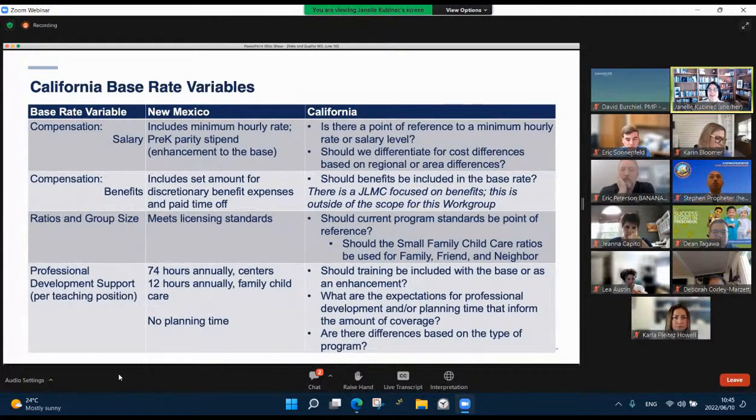So I'll say that in our, I want to say it was the May 8th or somewhere in the early May meeting, we had some materials that were shared that laid out some of the differences in the current program standards and ratios based on age and setting or program type. And so that's what I'm referring to here.